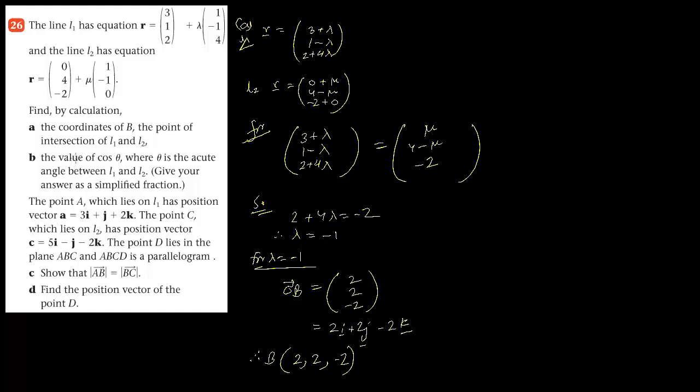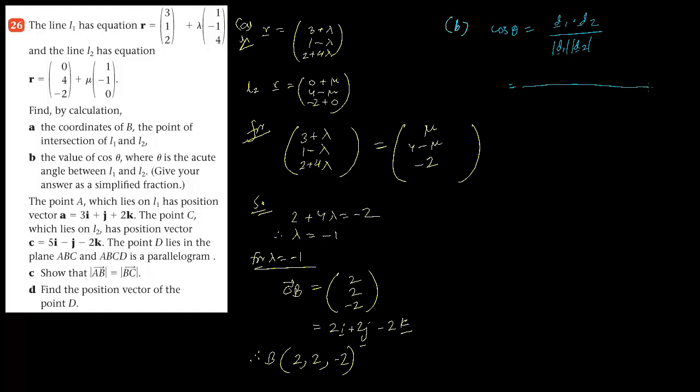In question number B, we have to find the angle between the two lines L1 and L2, and that's the dot product first of all. So cos theta equals direction vector of L1 dot direction vector of L2 divided by modulus of the first direction vector and modulus of the second direction vector.